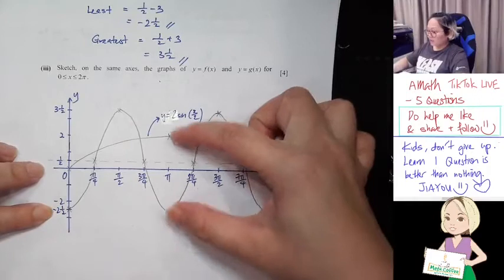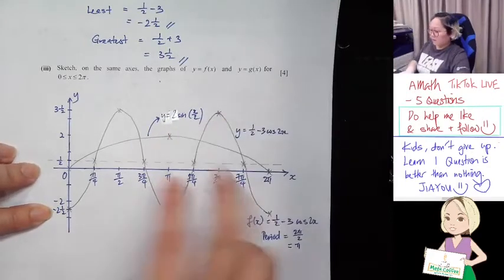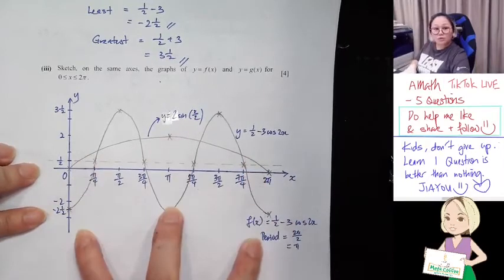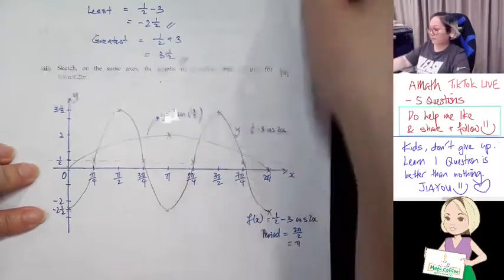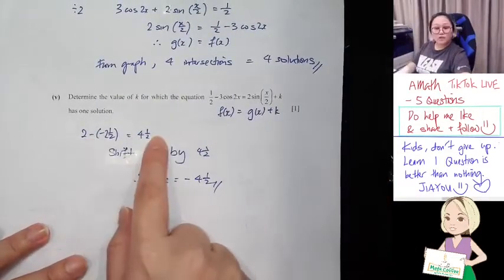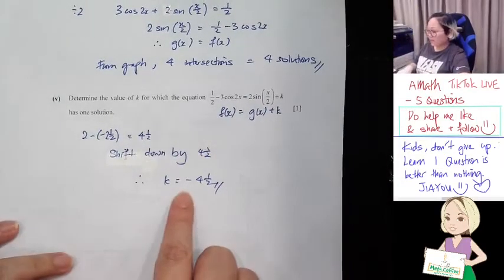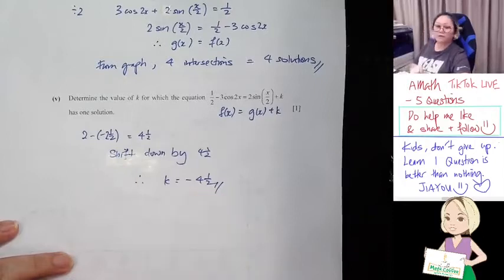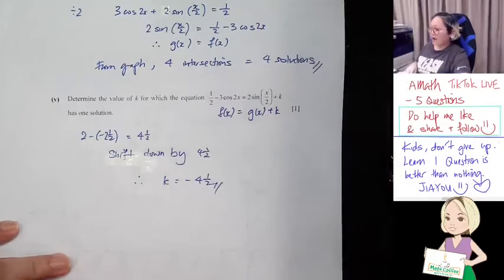So the distance is 2 plus 2.5, so it's 4.5. I wanted to shift this down so that you only have one solution, and the distance between here and here is 4.5. Because I need to shift down by 4.5, my k is negative 4.5.